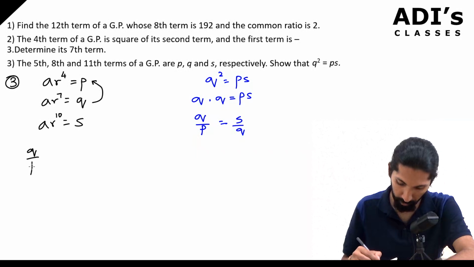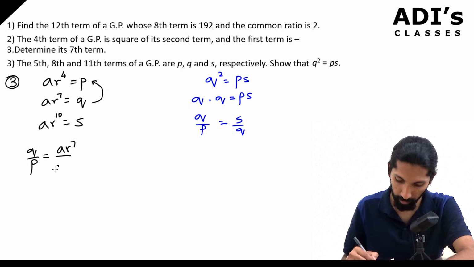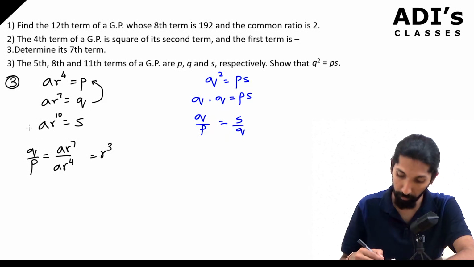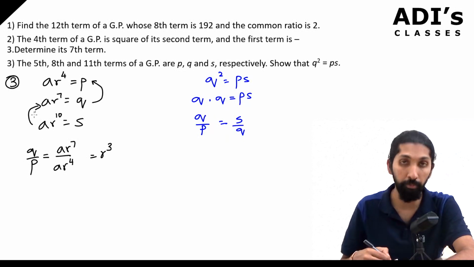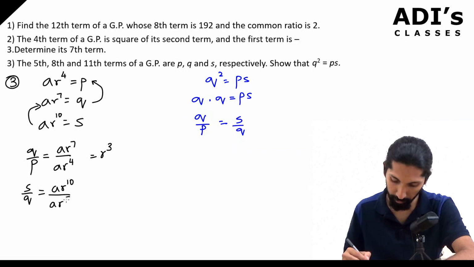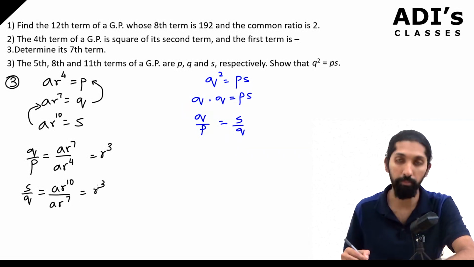So Q by P is equal to AR power 7 by AR power 4, which is R cube. Next we do S divided by Q, which is AR power 10 by AR to the power 7, which is R cube.